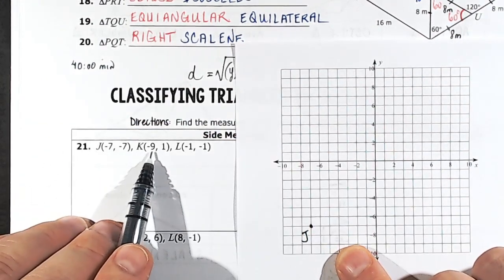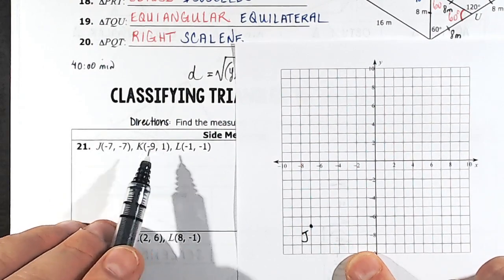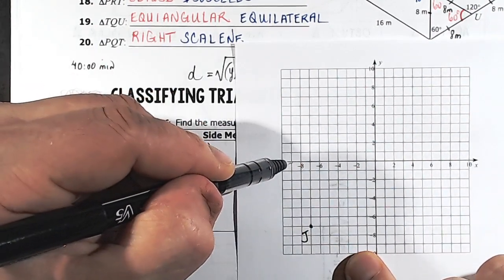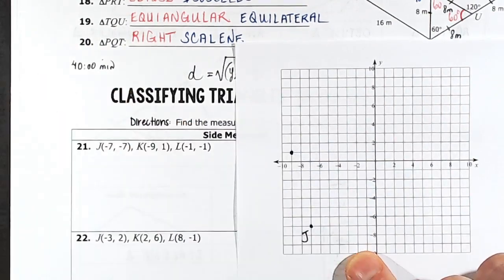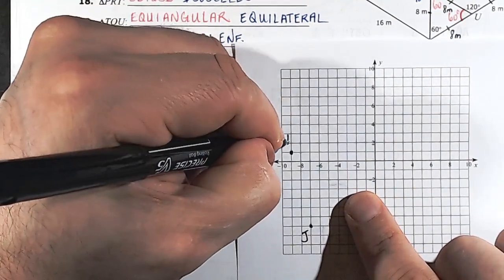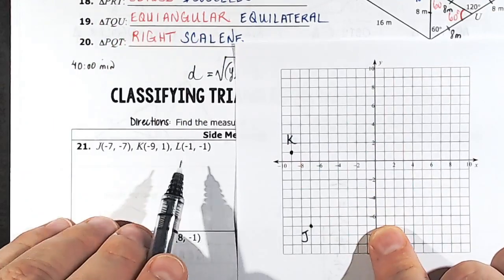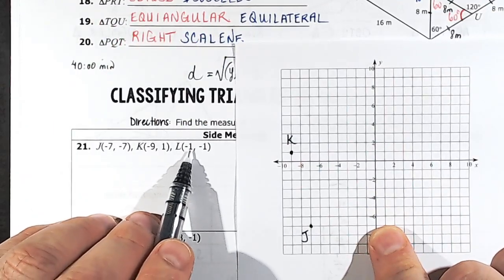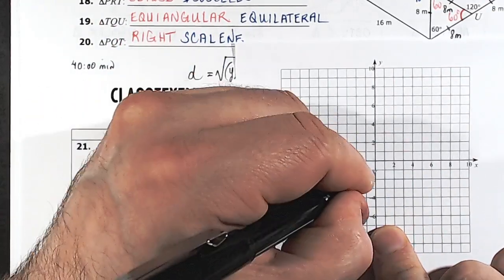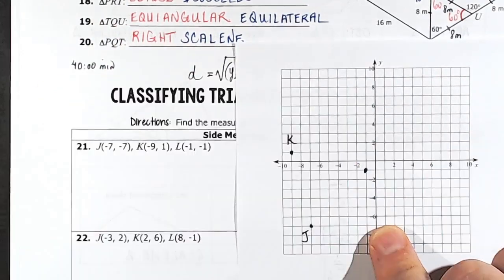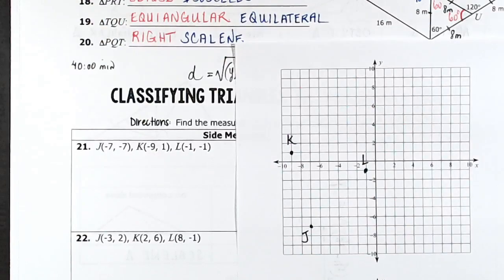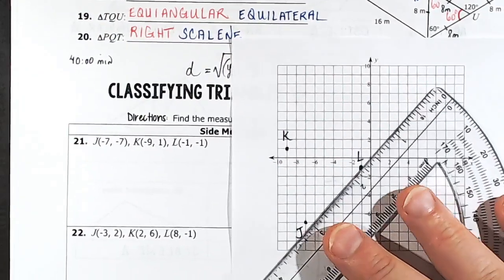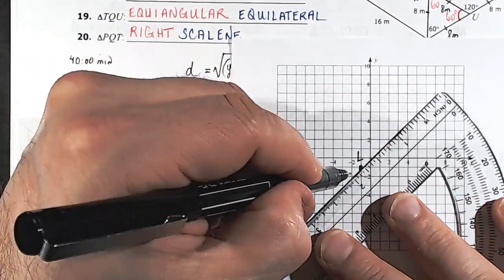Point K is located at -9, 1. So that's over here, -9 on the X, 1 on the Y. That's point K. And point L is located at -1, -1, right here. This is point L. Okay, so if we connect these dots, we will see a triangle form.